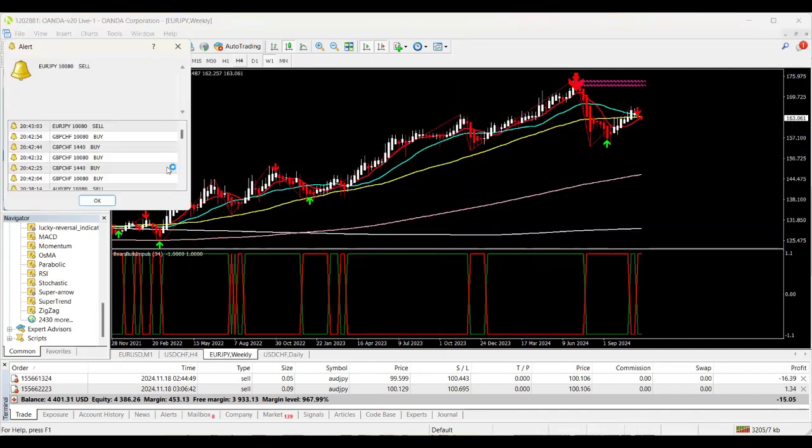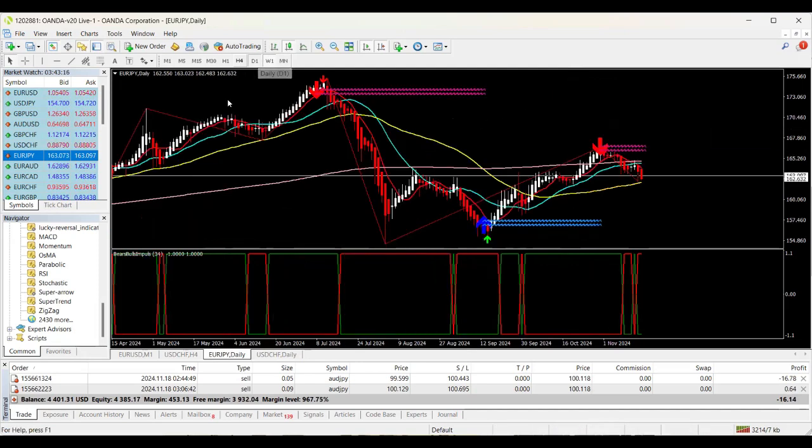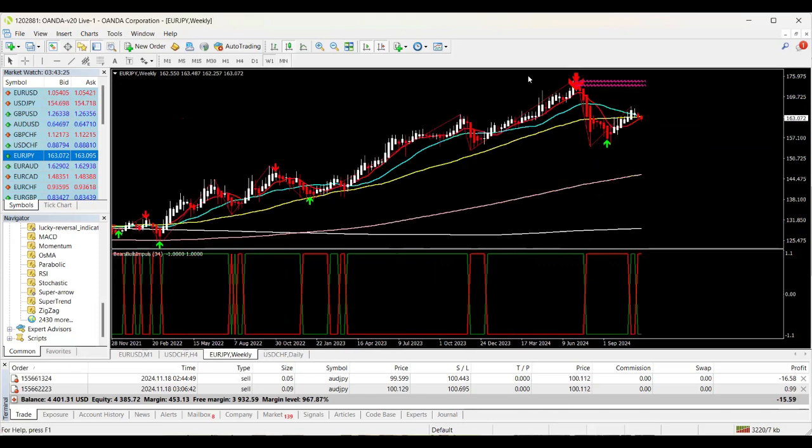We'll keep going. Now this one, EURJPY. You can see we have an arrow pointing down. I do like to go to the daily. We are moving down. This is a good one. However, on the monthly, it could be some pullback.